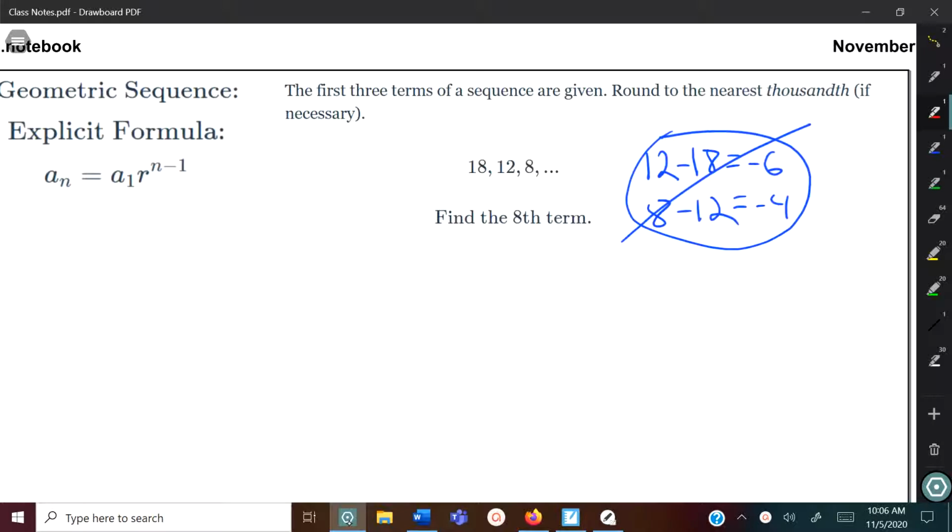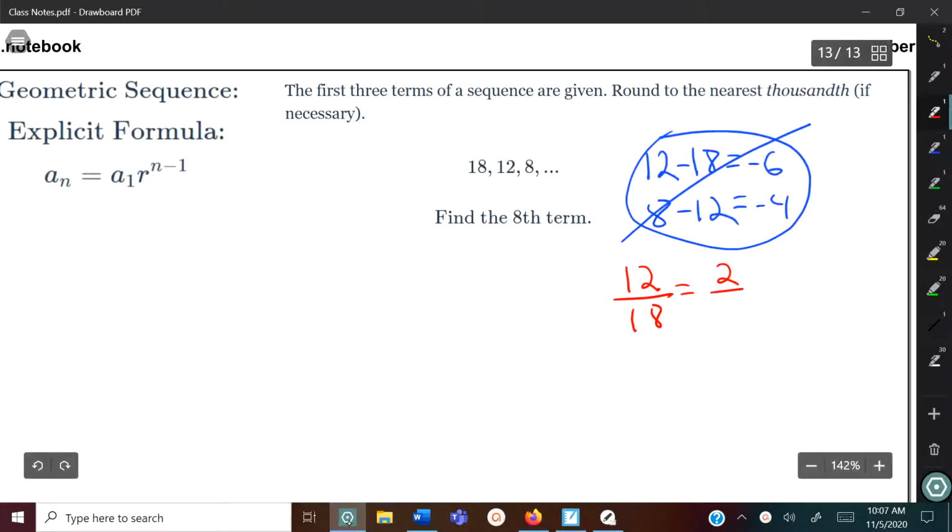So we do that by doing 12 divided by 18. Let's see what that is. You can simplify that and figure out the biggest number that goes into 12 and 18, and that would be 6. 6 goes into 12 2 times, and 6 goes into 18 3 times.